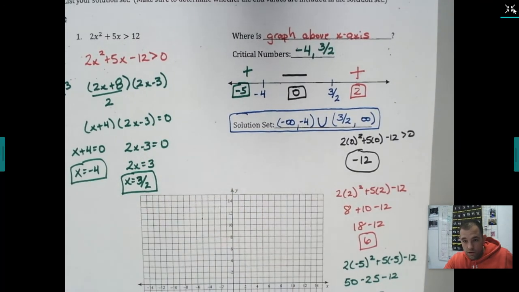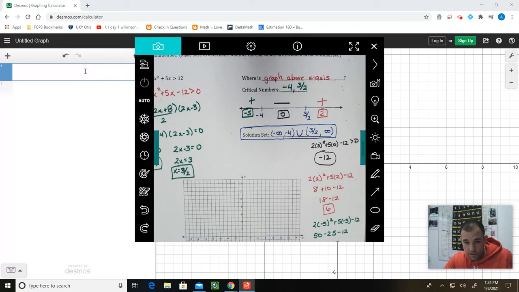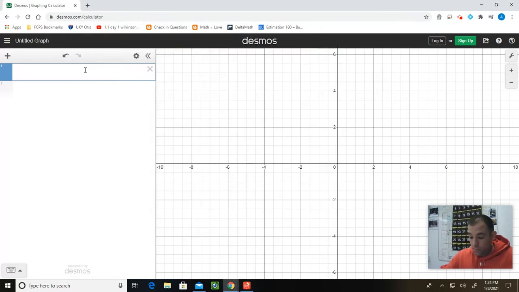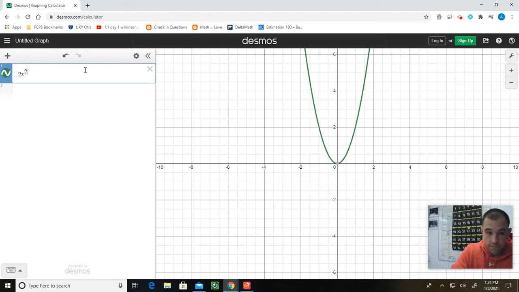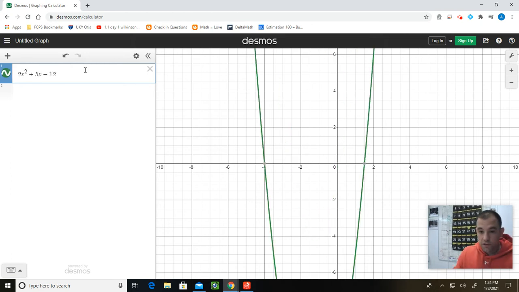Okay, so if we go to Desmos, if you guys are familiar with Desmos, and we type in that problem, all right, so it's 2x squared plus 5x minus 12, and you look at this graph, we want to know where it's above the x-axis, so that's this entire piece. So from -infinity way over here until I get to -4, it's above.